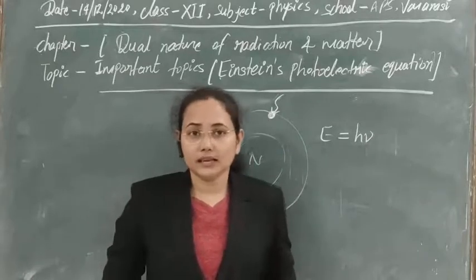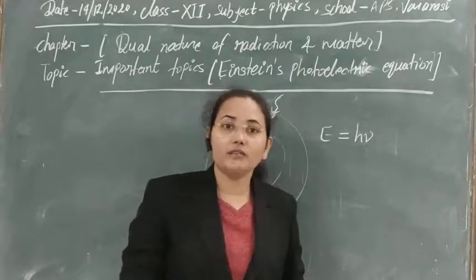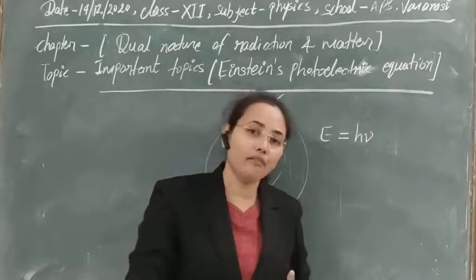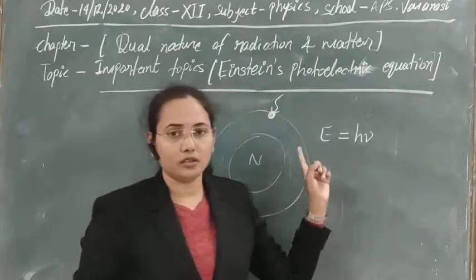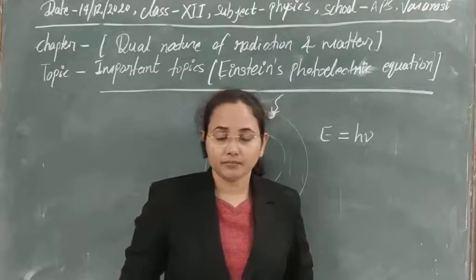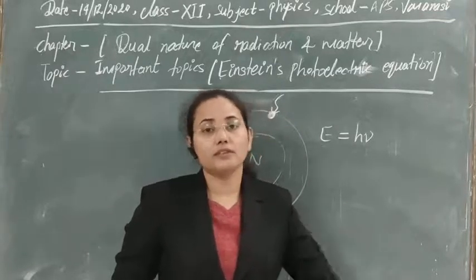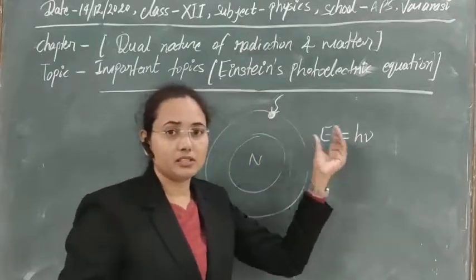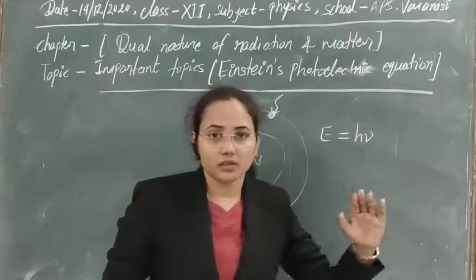Whenever a photon is incident on the metallic surface, one photon will give the whole of its energy to one electron. So you have to understand this theory from here. There will be no case where some of the energy the photon transfers and some of the energy returns. This is not the concept.